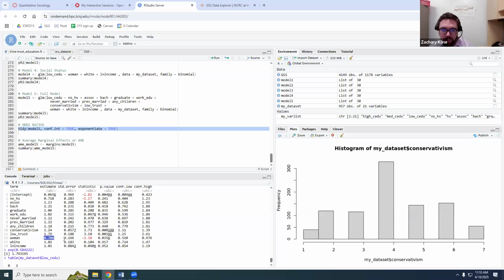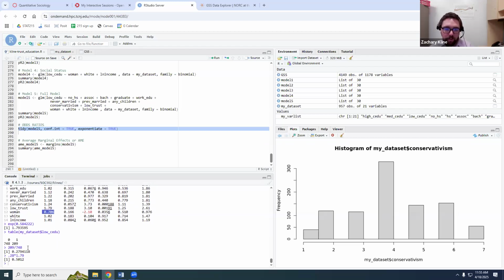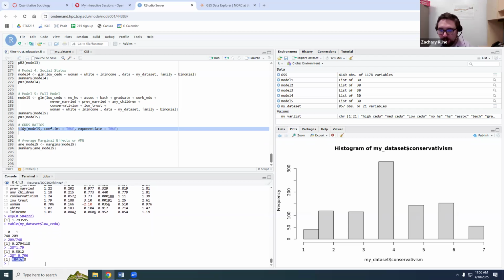Another way we could say that is that compared to men, women are around 30% less likely to say that they have low confidence in education. And that's because, again, if the probability for a man was 1, then to get the probability for women, we multiply by 0.7. So if the probability for men was 28%, the probability for women would be around 20%.